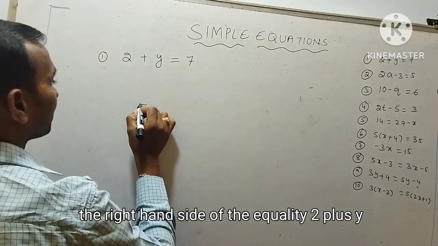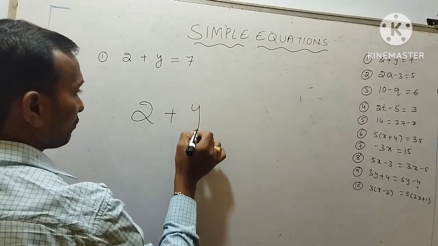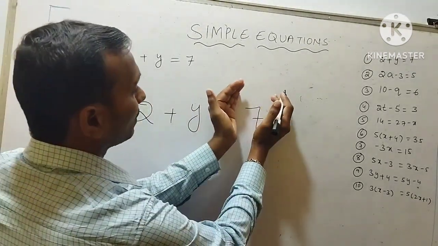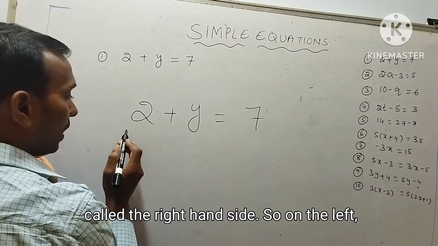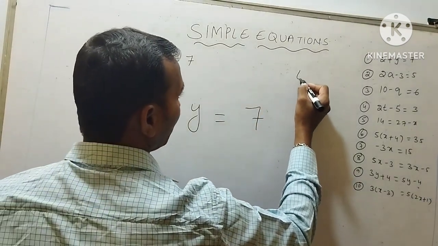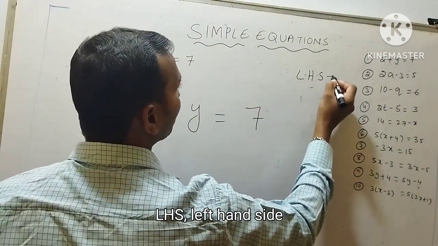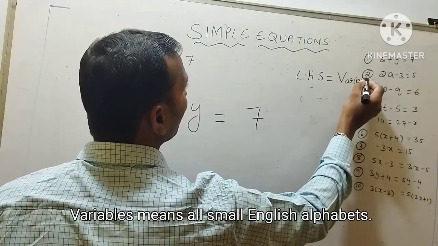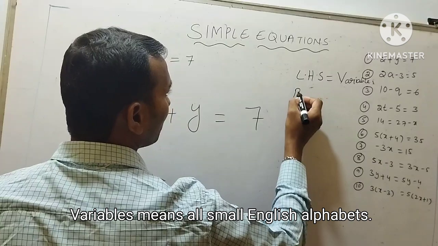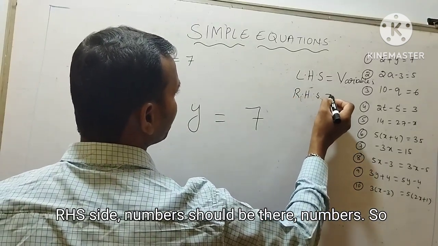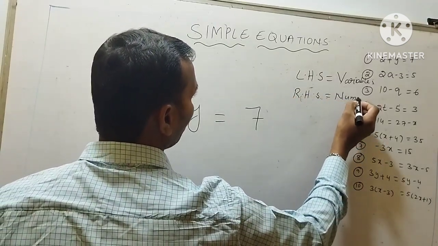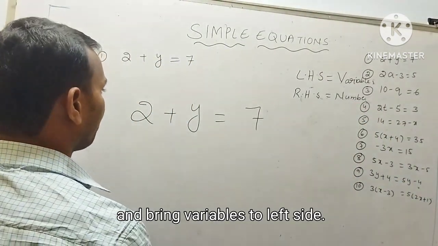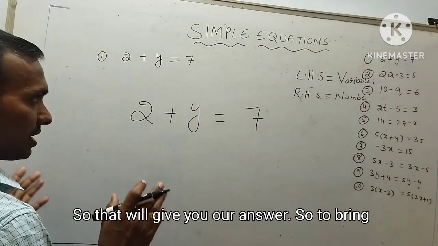On the LHS, variables should be there, meaning all small English alphabets. On the RHS, numbers should be there. So our aim is to bring numbers to the right side and variables to the left side. That will give you our answer.